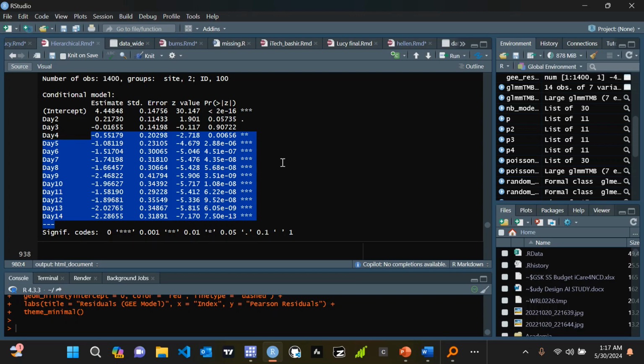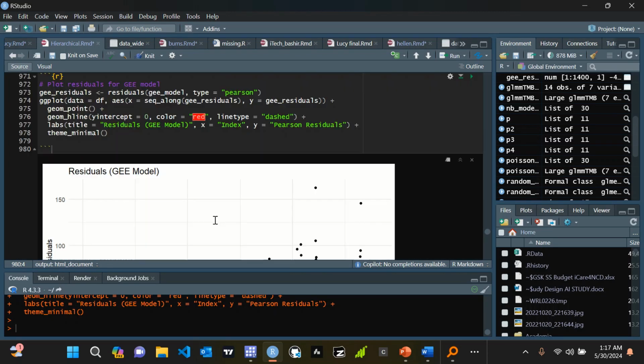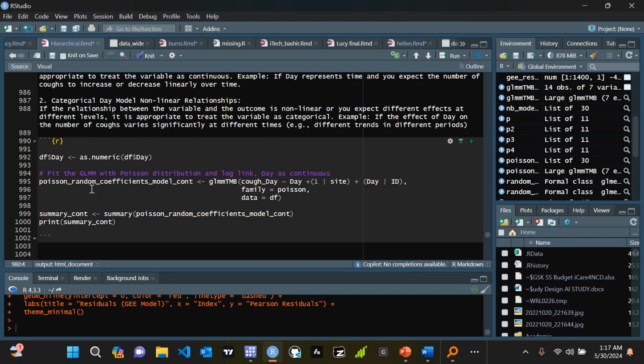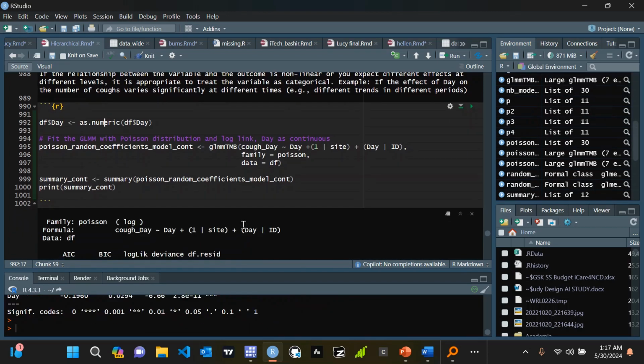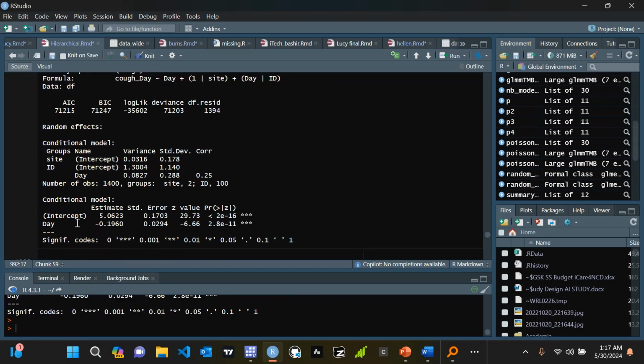This already shows that the effect of time is established. It goes down. So we go ahead and make this day numeric, since it's going to act as our fixed effect, and then we see what happens.